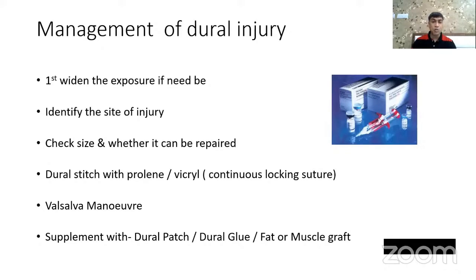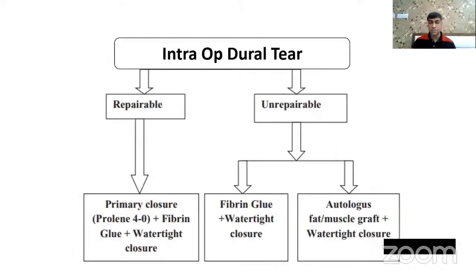Identify if there is only one or more than one injury. If it is repairable, have a watertight closure with a Vicryl or Prolene 4-0. Once the closure is achieved, check with a Valsalva maneuver. Supplement it with either a fibrin glue or dural patch or a fat muscle graft as and when necessary.